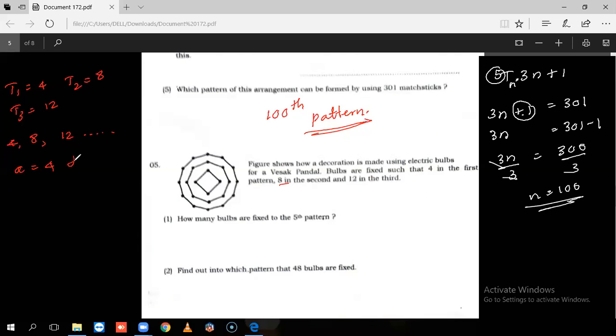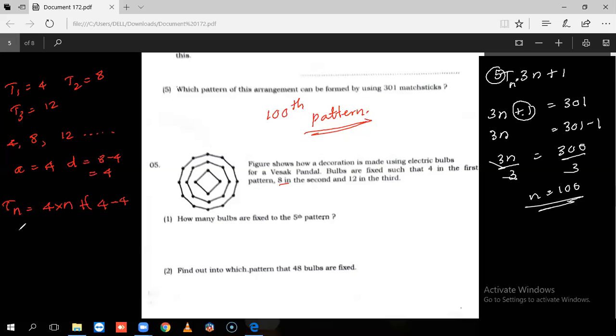Common difference d equals 8 minus 4, that is 4. So we can write general term Tn equals common difference into n, 4 into n, then plus first term 4 minus common difference, which is also 4.